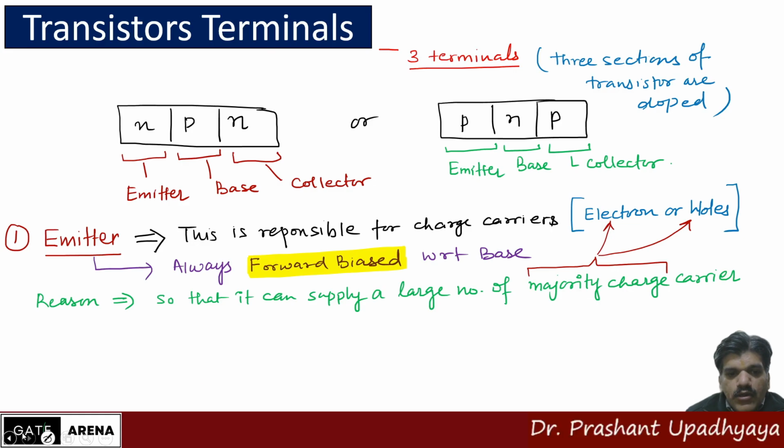Let's consider an example. Let me draw this NPN transistor. I am writing here E, B, and C for emitter, base, and collector. Now I want to bias this emitter and base.